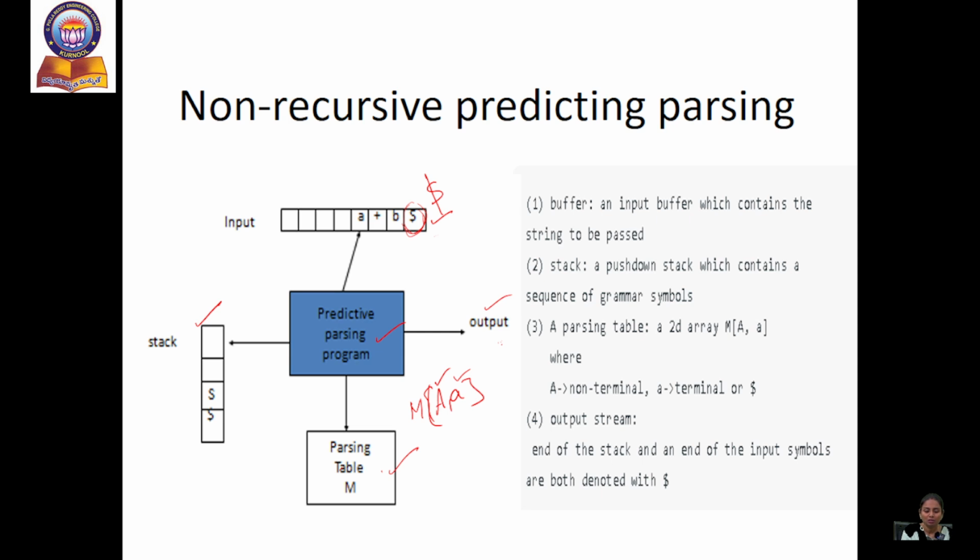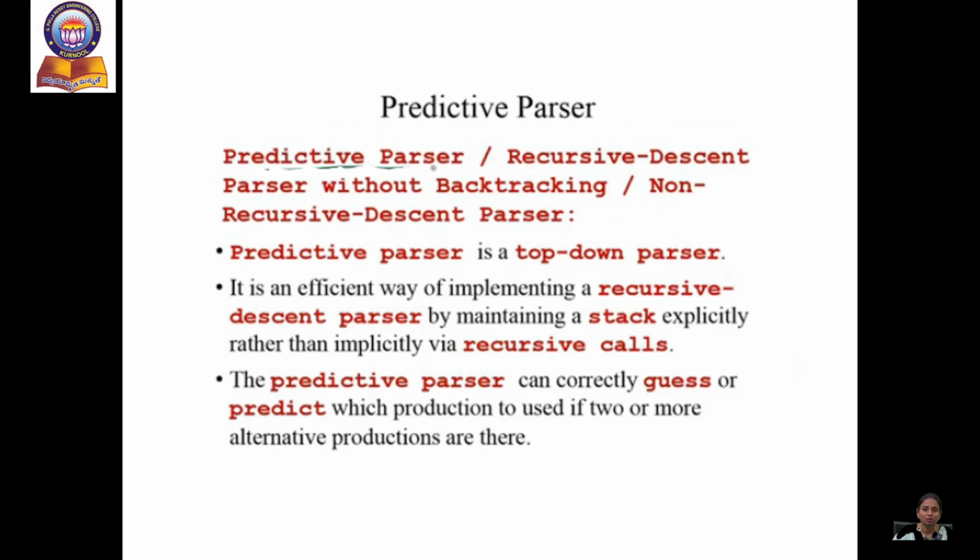By using this algorithm, the output is generated with the help of the buffer, stack, and parsing table. So let's see how this is performed by following some rules and with an example.